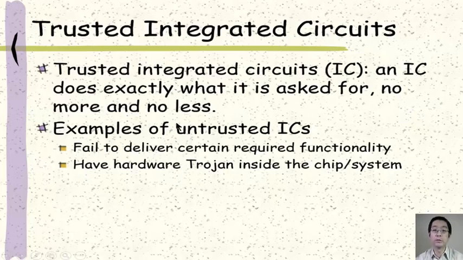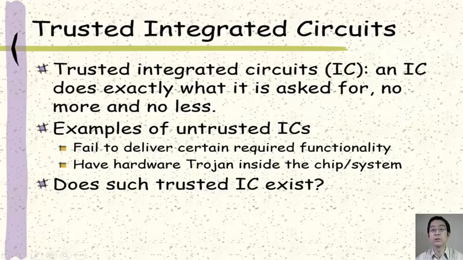From this definition, we want to ask the question: does such a trusted integrated circuit really exist? As we have seen in traditional digital logic design, when we specify the systems, normally we have a lot of don't cares. Even if you fully specify the system, during the design process you may introduce some internal don't care conditions, such as the satisfiability don't cares or the observability don't cares we have discussed earlier.